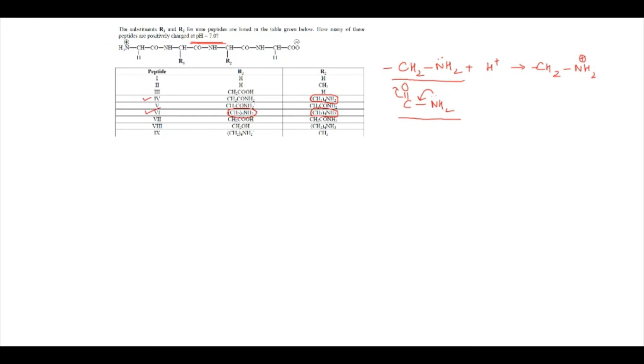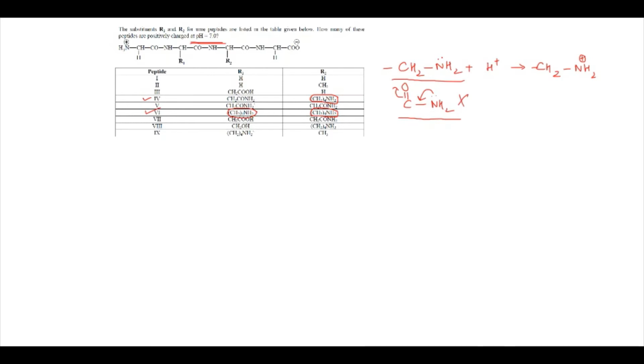Option 7 we have a CH2COOH as well as a CONH2. CONH2 is not going to take a proton, because the lone pair will not be available on the nitrogen, so it will not have the positive charge. Similarly, carboxylic acid is not going to accept a proton, it is going to donate a proton but not accept one.